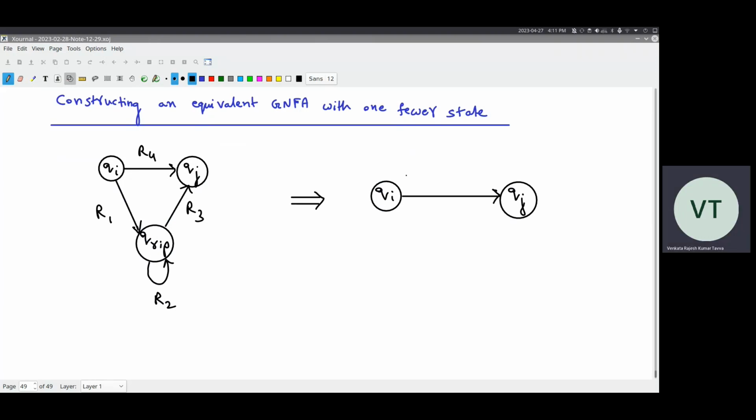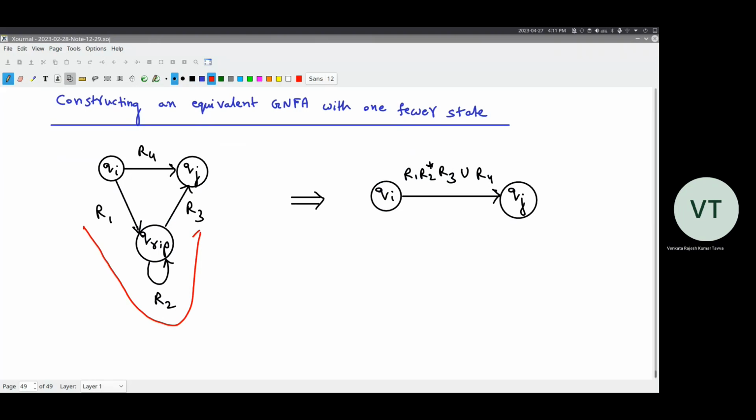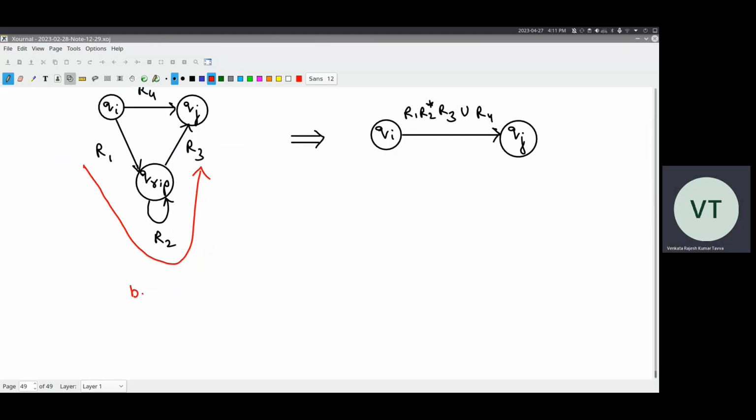Yes, it will be R1 R2 star R3 union R4. So basically we are condensing this portion. We are removing this state and replacing it with a regular expression. This is the before state and this is the after state, meaning the state of the entire diagram.